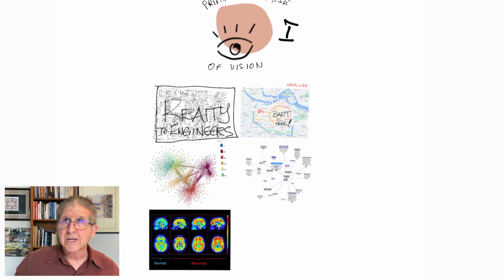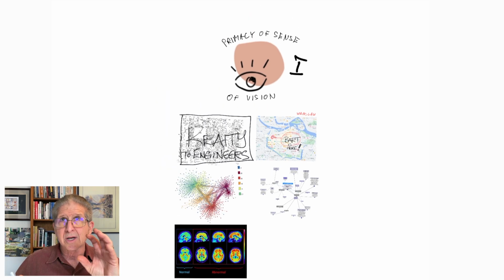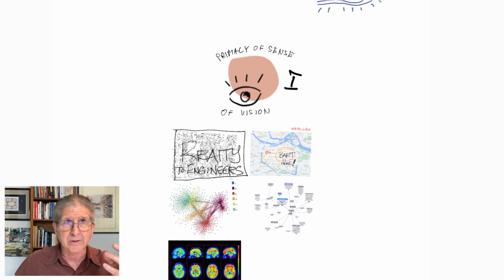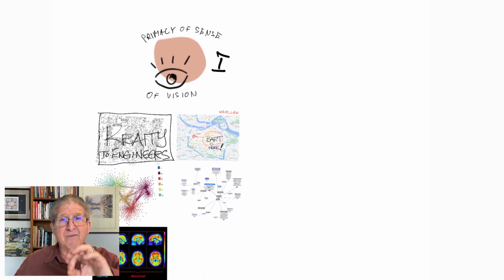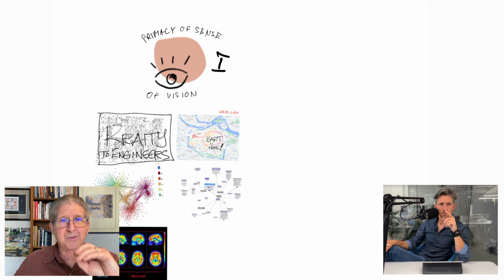Let's build on that, and let's look at one of those capacities we have, one of those attributes, which is that simultaneously with our visual powers, we can look at an enormously big picture, and then in a split second, we can focus on something that's very, very tiny and specific. Right.